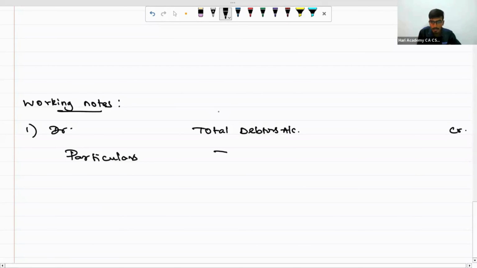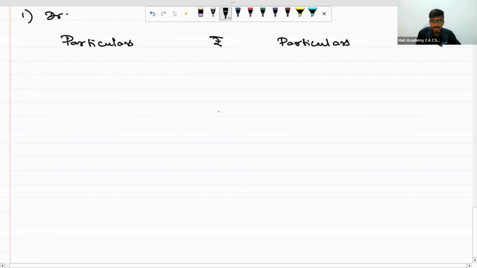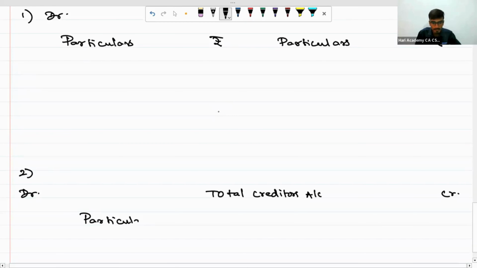Here you will put only a one-rupee card, and leave 5 to 7 lines. And then go with the total creditors account. Do debit and credit and write the same formalities.